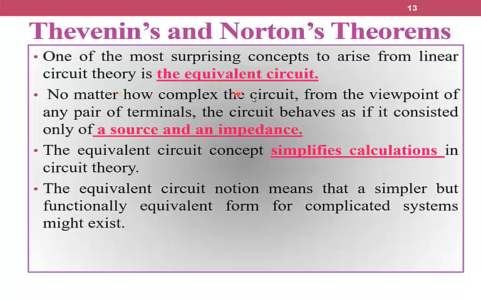No matter how complex the circuit, from the viewpoint of any pair of terminals, the circuit behaves as if it consists only of a source and an impedance. The equivalent circuit concept simplifies calculation in circuit theory. The equivalent circuit means that a simpler but functionally equivalent form for complicated systems might exist.